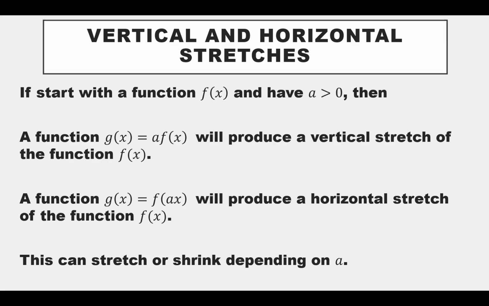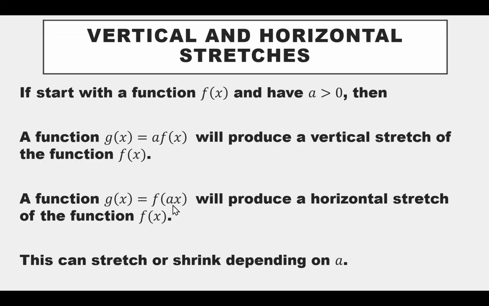Now, what if we put the a on the inside? If we create a new function called f of the quantity ax, well, that is going to produce a horizontal stretch of the function f of x. Now, with the vertical stretch, if a is bigger than 1, it's going to actually stretch it. If a is less than 1, but between 0 and 1, then it's going to shrink.